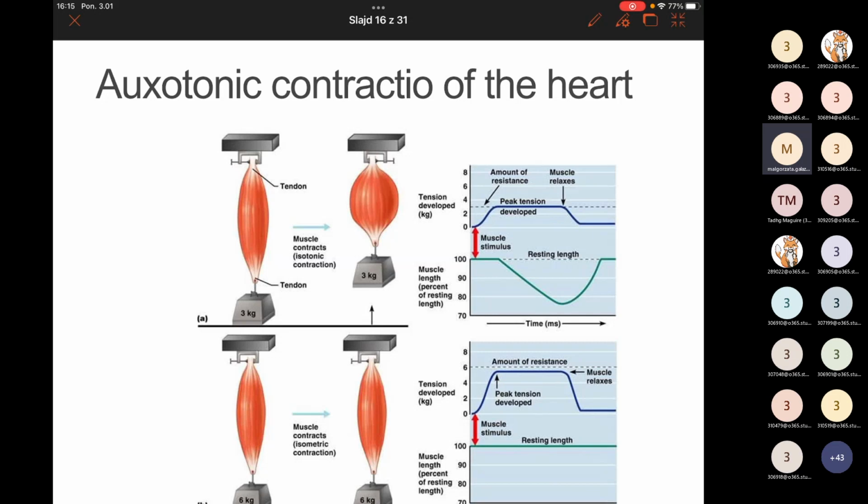That's why the name isometric: iso, constant, metric, length. Although during the isometric phase the length of the sarcomere and the length of the muscle stay the same, tension is generated. Once the tension of the cardiomyocytes is greater than the afterload, we observe the isotonic phase of the contraction.